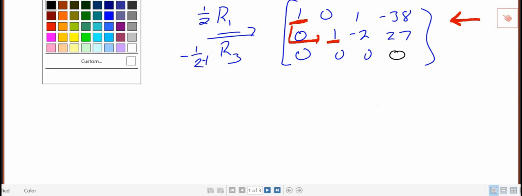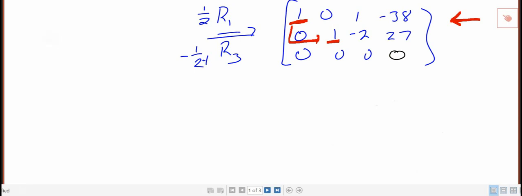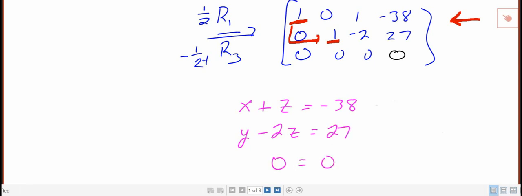Then I would look at this and say, aha, x plus z equals negative 38, y minus 2z equals 27, and 0 equals 0. Well, this is always true, isn't it? 0 equals 0. So my solution doesn't depend on anything from there.